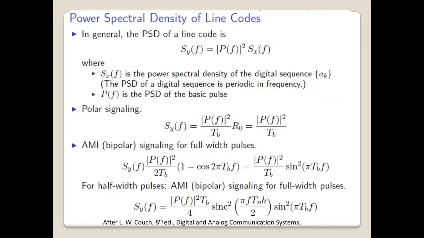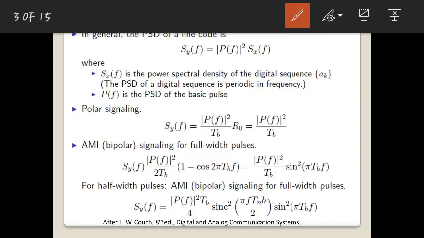So Sy of f is the output power spectral density of a line code, which is the pulse waveform P of f for the digital data multiplied by the input sequence Sx of f.